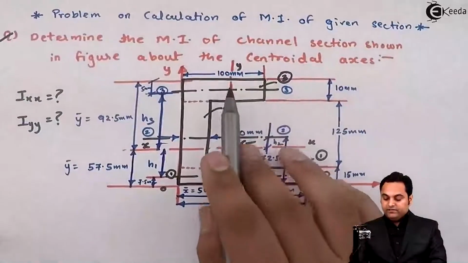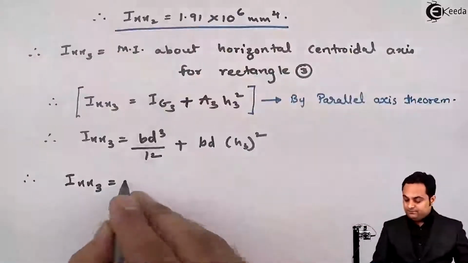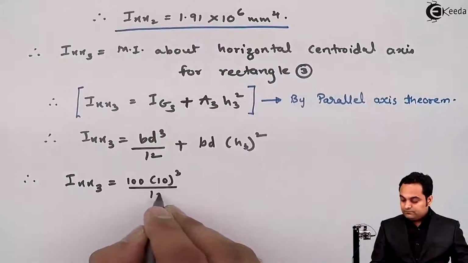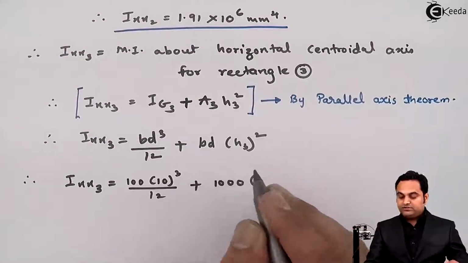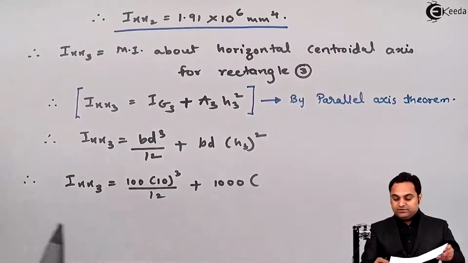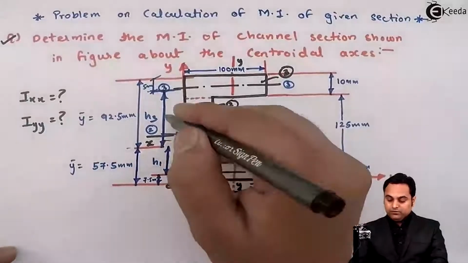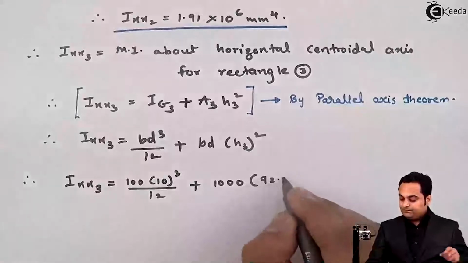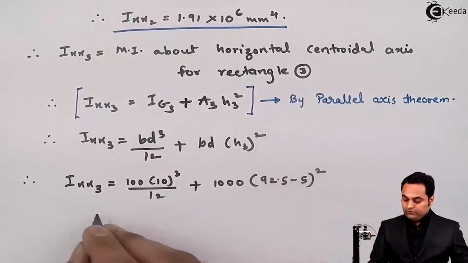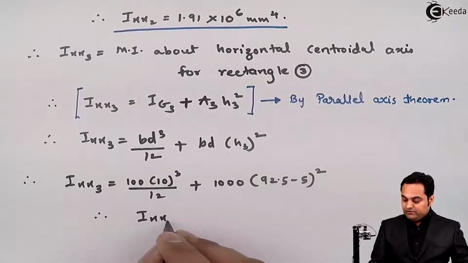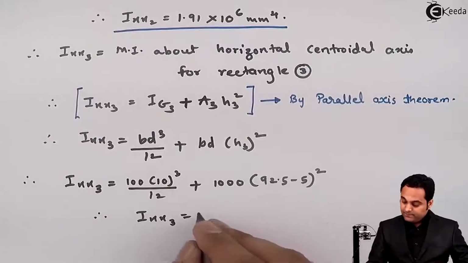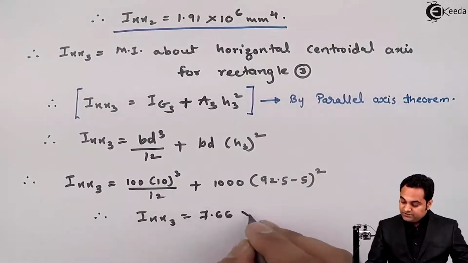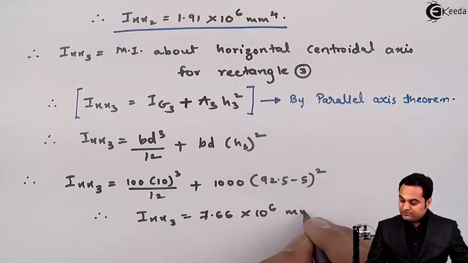For the third rectangle, b is 100, d is 10. Now h3 is the distance between the two axes here. So it is 92.5 minus 5. So from this, if we calculate, the answer of Ix3 is 7.66 into 10 raised to 6 mm raised to 4.